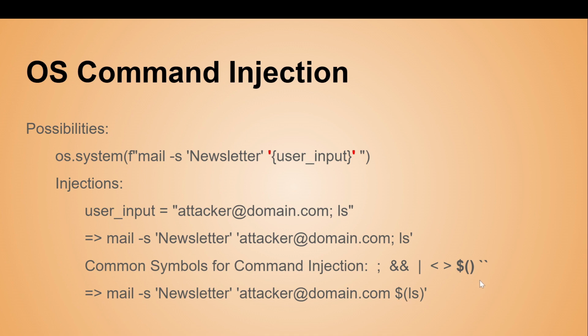In our scenario, for example, if we use question mark to inject a ls command, we are telling the system to execute first the ls command and then replace it with the result, and then execute the whole mail instruction. Of course, we have corrupted the email address argument and we will receive some error messages, but maybe we have some chance to see the result of ls command in the error messages or logs of the system.